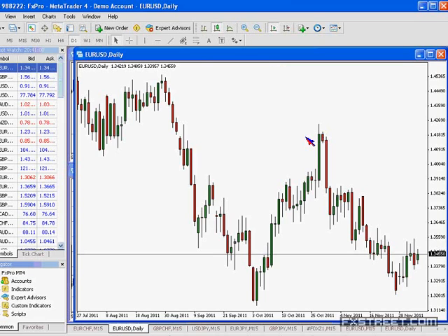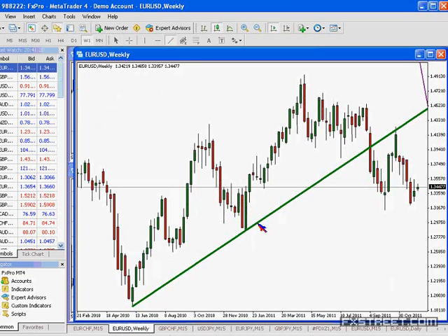Yeah, I'm taking you to a weekly chart for the euro. And what we talked about, put the trend line in place first. We talked about that trend line connecting last year's low with the low earlier this year.